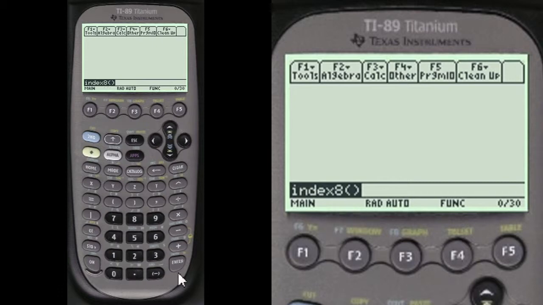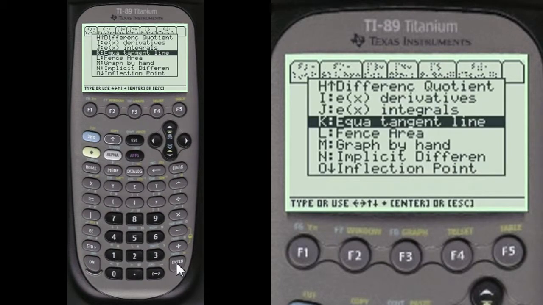Index 8 on my menu. Remember that a derivative is a slope of a line, but it's not placed on the curve until you use the equation y equals mx plus b, which we learned in algebra, which is the equation of a tangent line.